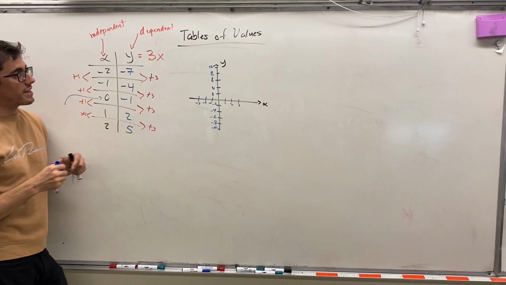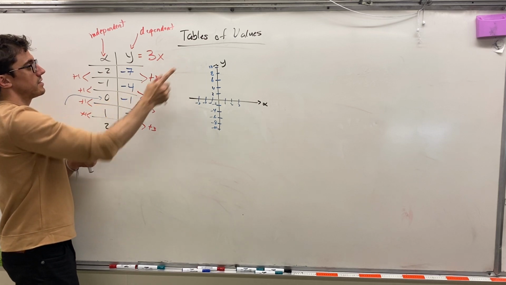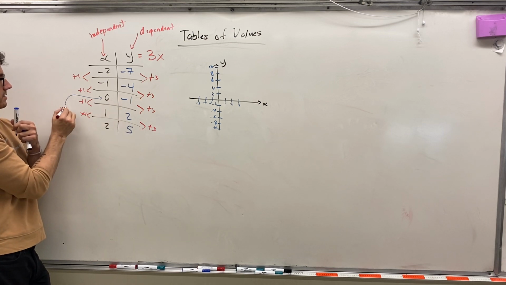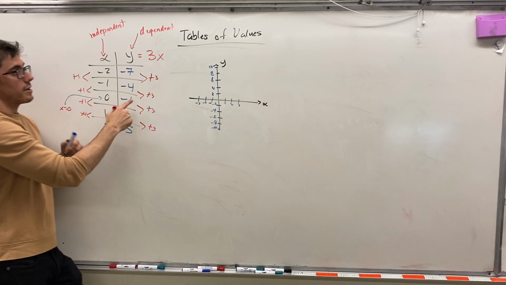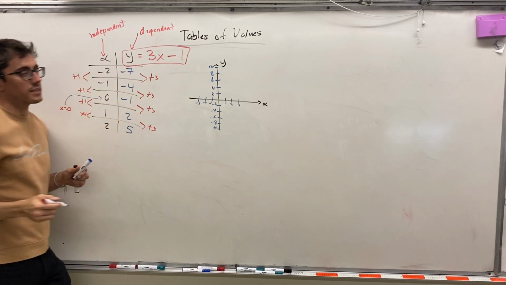So that term goes away, and all we're left with is this constant term. So the constant term is precisely the y value when x is equal to 0. Okay? And so we get minus 1. And here is our linear equation.